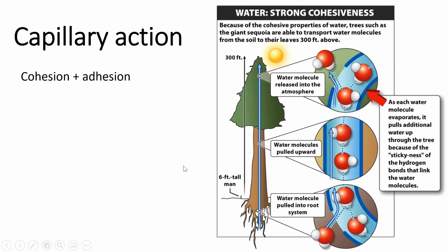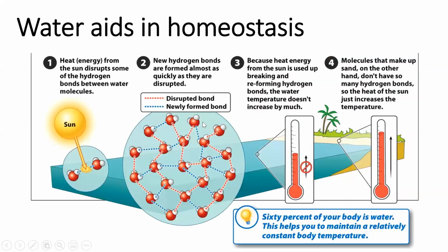Okay, the ability for capillary action to occur allows water to travel from the base of the tree, where the roots are, all the way up into the top of the tree, where the leaves are also getting water. It is pretty amazing.